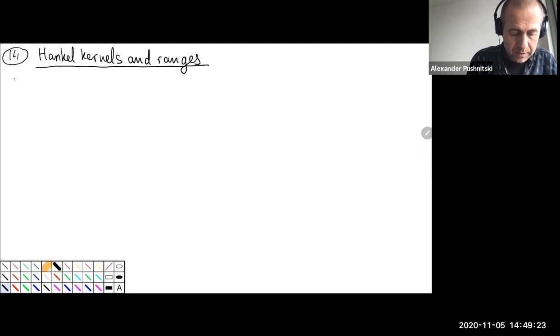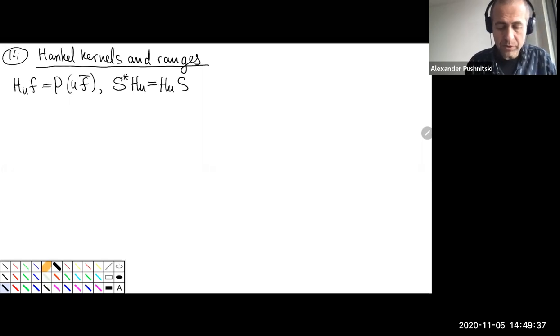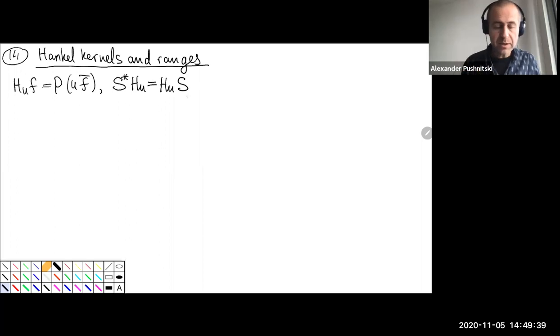So once again, HUF is P of U F bar, and we have the key commutation relation. I wrote it for the linear version, but in the antilinear version, it remains exactly the same. So let's first discuss kernels, like we did for the Toeplitz operator. What is the kernel of HU? How to identify it?